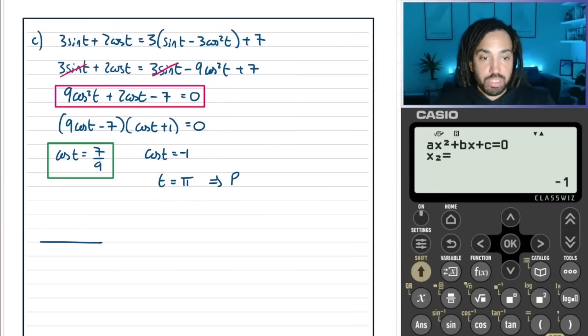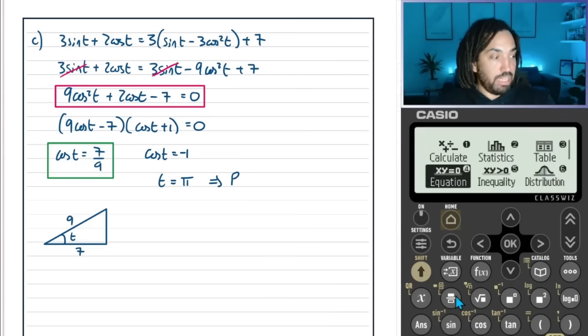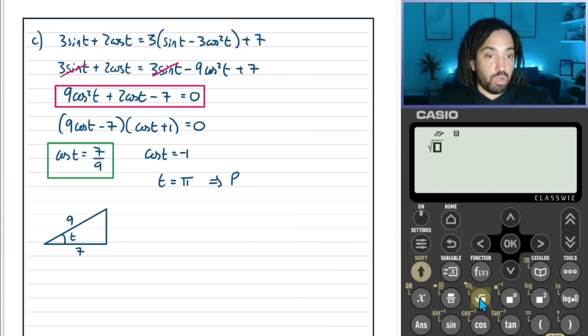We're going to just draw a little triangle like so, and we're going to put t there. So if cos t is 7 over 9, then cos is the adjacent over the hypotenuse, which means that the opposite by Pythagoras would be the square root of 9 squared minus 7 squared, which is going to give us 4 root 2.